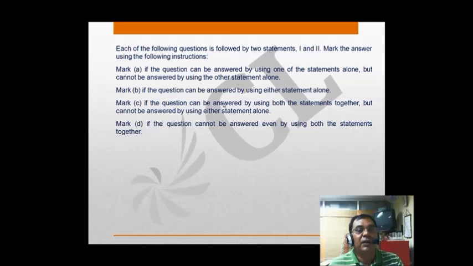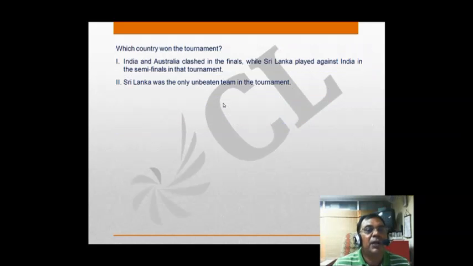Okay. The DS is my forte because of exposure and experience. So it's a simple case. I'm just checking whether option choices remain the same or not. Which country won the tournament? India and Australia clashed in the final, while Sri Lanka progressed in the semi-finals in that tournament.